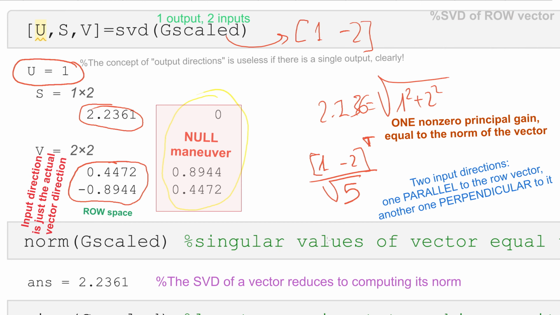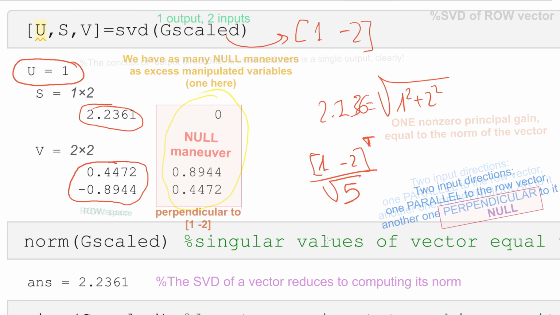So if the transfer function matrix is a row vector, SVD principal maneuvers are just computing the unit vector in the direction given by that G scaled, and the norm is the singular value. That is a maneuver with maximum effect on the output.